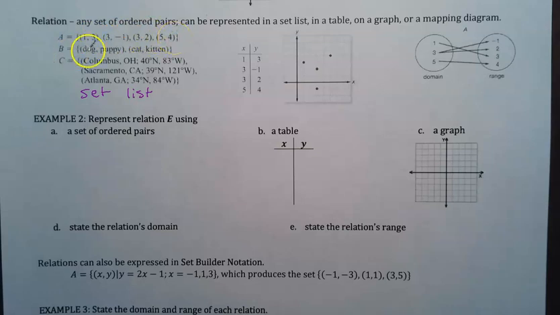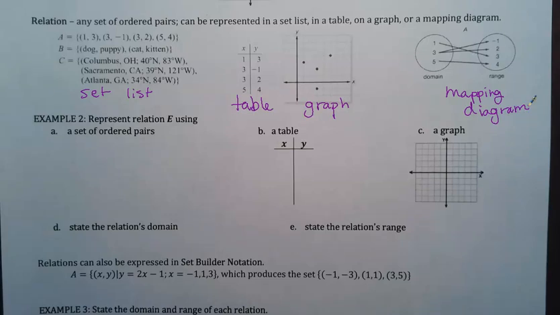Set B is a dog and a puppy, and a cat and a kitten. So all kinds of different ways you can write that, but that's a set list. Then we have our table, then the graph, and last but not least, your mapping diagram. All of these should be familiar to you from Algebra 1 and some from geometry.